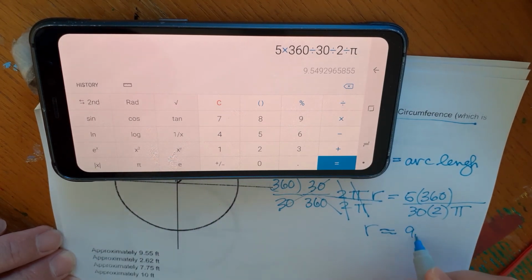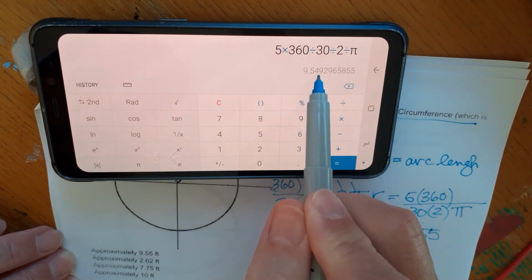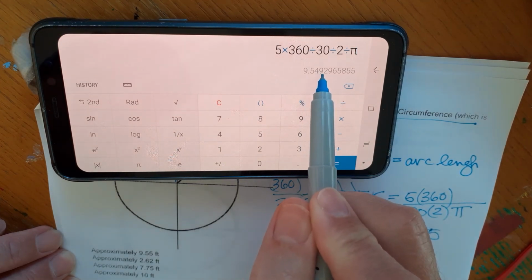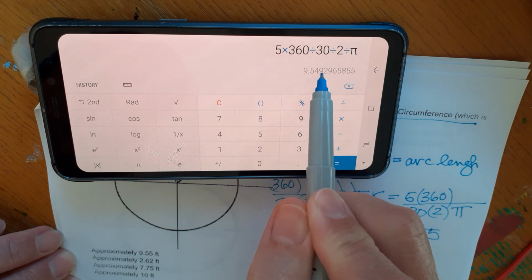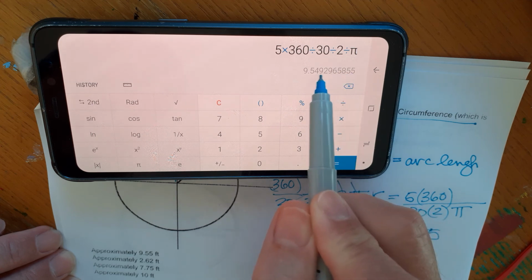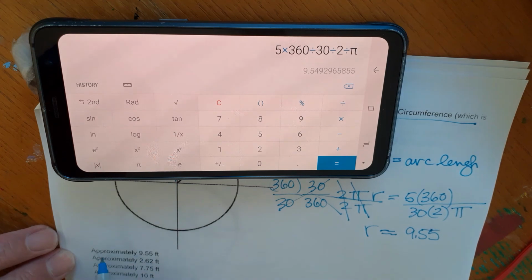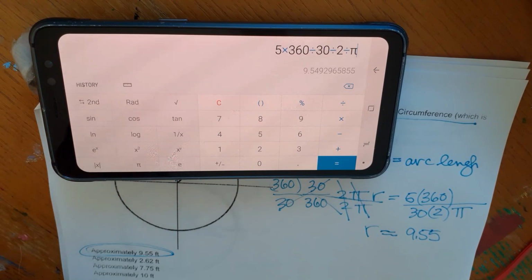And I get 9.55. Round this up, 9.5. See the 4 right there? Because the number to the right of it is 5 or higher, you round this 4 to a 5 and truncate everything else, which means cut it off. 9.55, and I like this a lot better. If you can barely see this in the bottom of the screen, that one looks like it's right. So I'll go back and check the other one, all right?